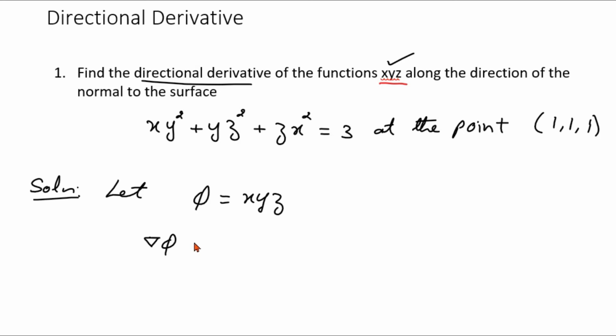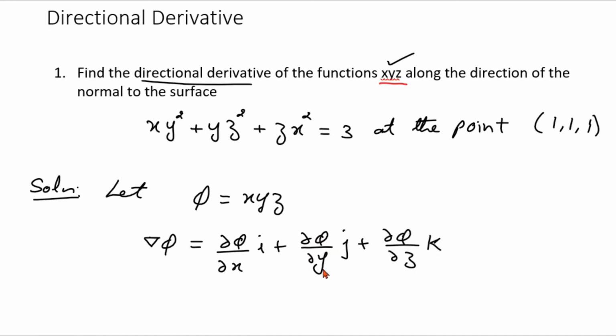So del phi will be equal to dou phi by dou x into i plus dou phi by dou y into j plus dou phi by dou z into k. So you have to differentiate this given function with respect to x.